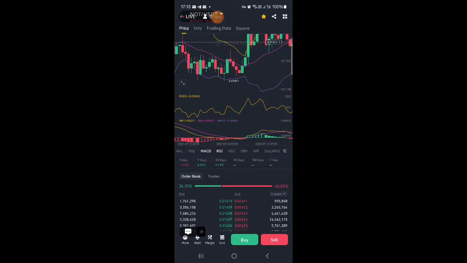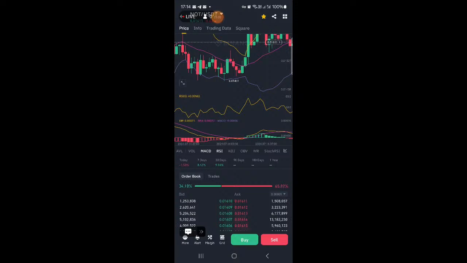DCA simply means dollar cost average. Some schools of thought would say it is distributed cost average. Distributed cost average means that as the coin is going down, you keep on buying the asset at predetermined intervals. At the end of the day, when the price of the coin starts rebounding, your overall cost on the whole process of buying will be reduced.